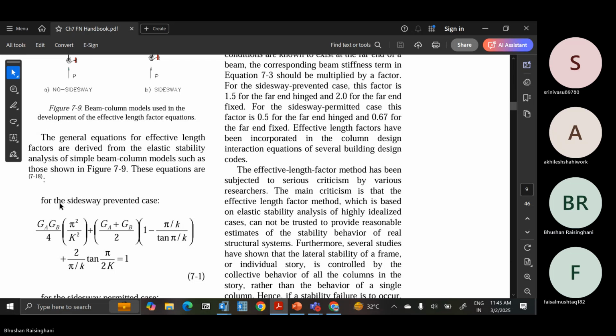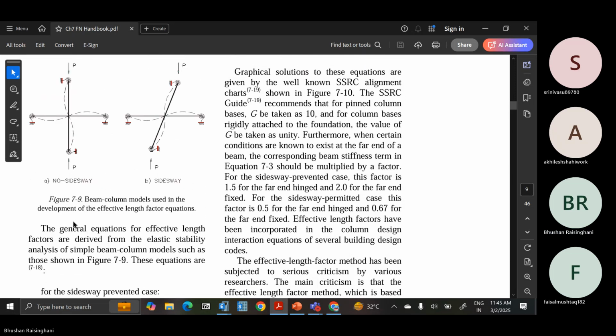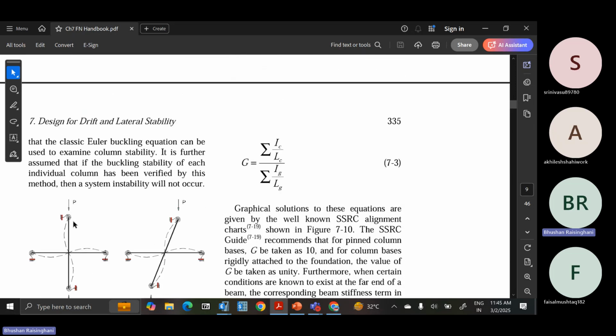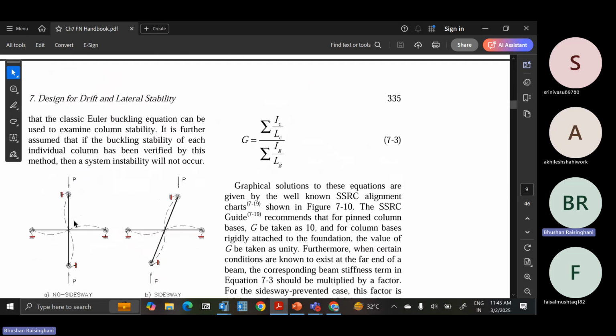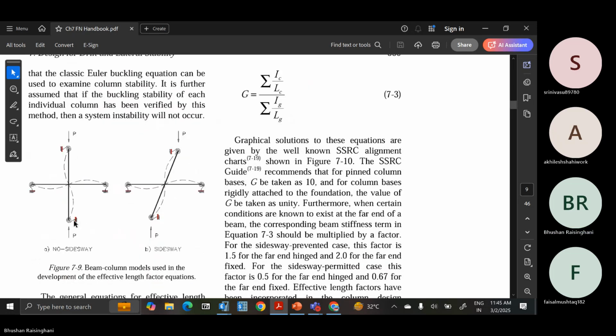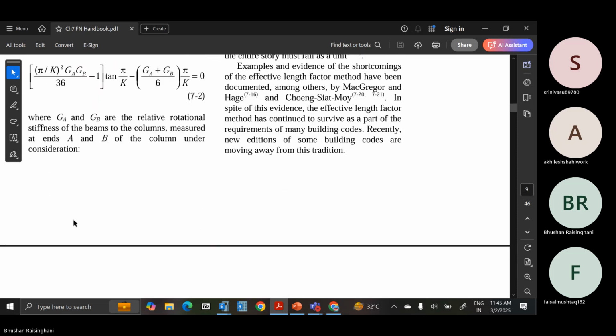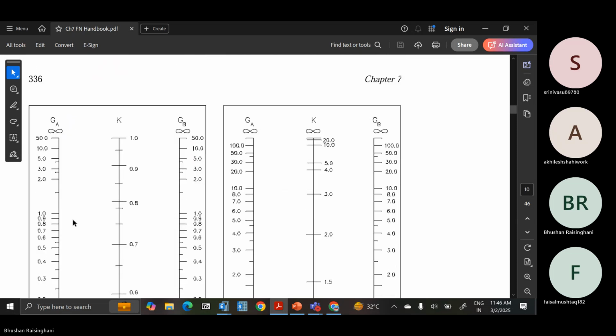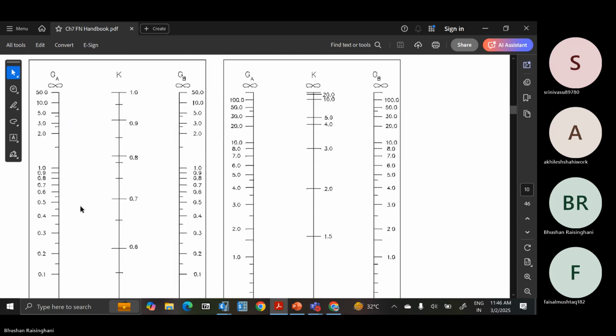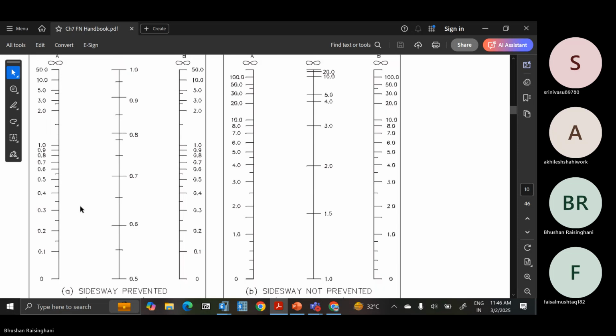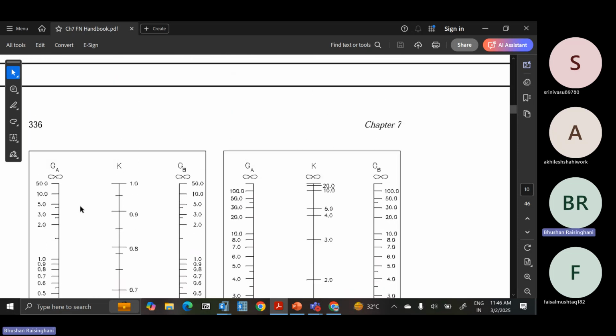So for the sideway prevented case, GA and GB are the relative stiffness at ends A and B. So if it is A and B, then there is a braced frame.